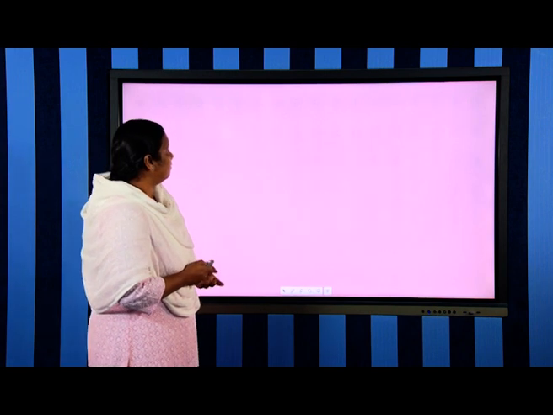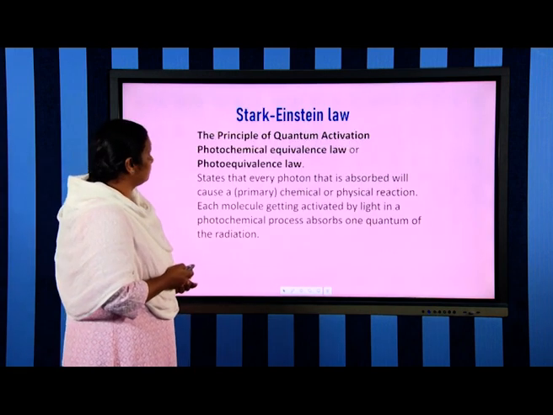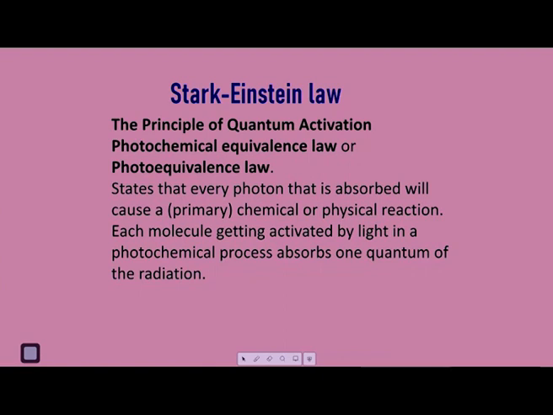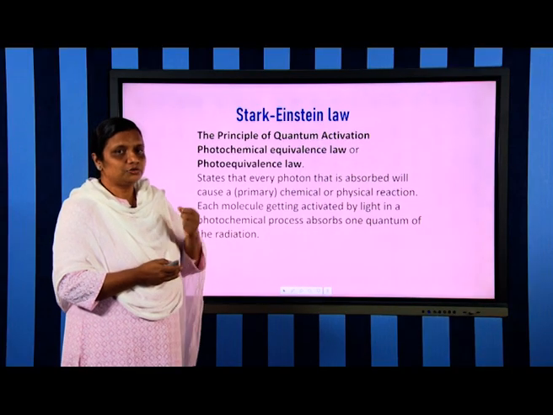There must be energy, the energy required for the reaction and the energy absorbed must be equivalent. Now, the Stark-Einstein law is also called the principle of quantum activation or photochemical equivalence law or photoequivalence law. Now, this law quantifies the energy. What this law says is that every photon that is absorbed will cause a chemical or physical reaction, and each molecule which is getting excited by the light in a photochemical process absorbs one quantum of radiation.